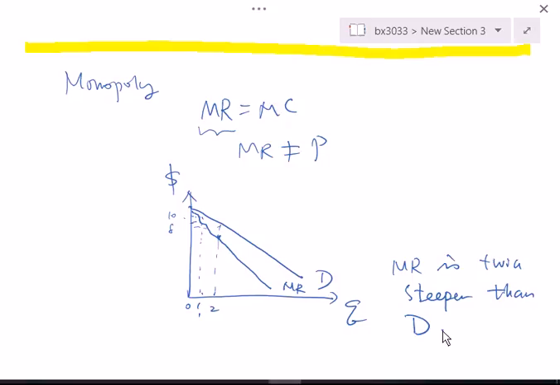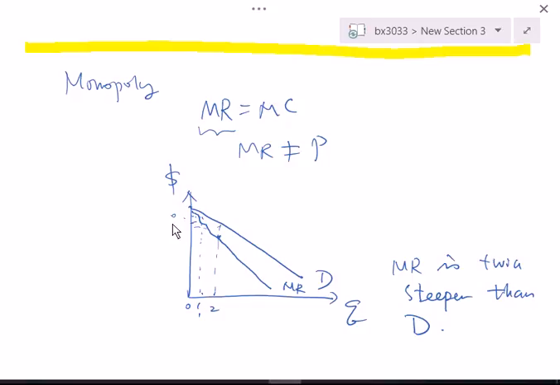So now the marginal revenue will be much less than the price I receive. So the marginal revenue curve is twice as steep as the demand curve, or in other words, for the next unit of output, the actual revenue associated with this unit is much lower than the price level.